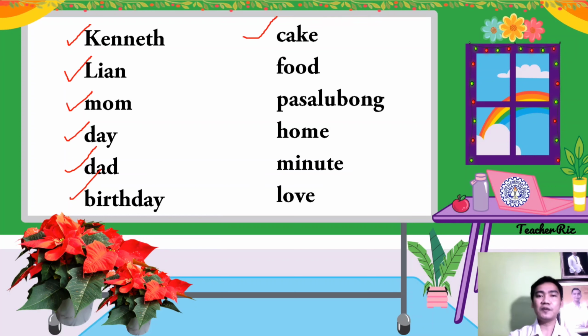Alright, it's cake. And what about this word? Okay, food. Then we have the Tagalog term pasalubong. Then we have home, mini, or Sunday. Minute may also be an adjective, but since we are talking about nouns, it is minute. Then we also have your love. So these are the words that I have used in our dialogue.